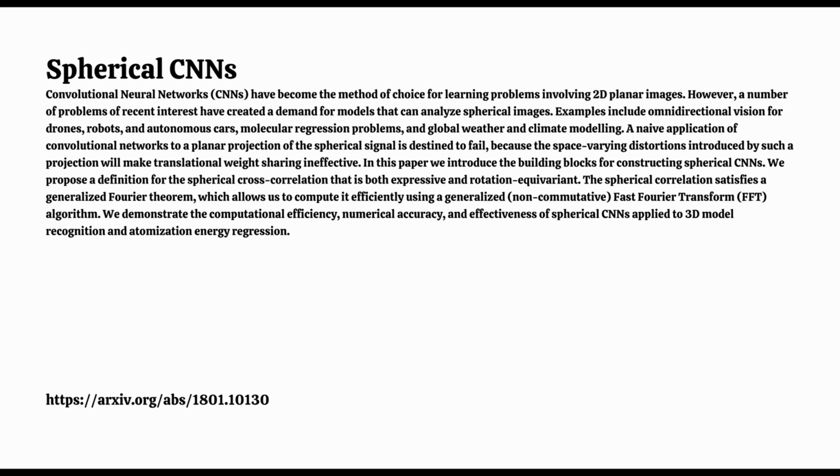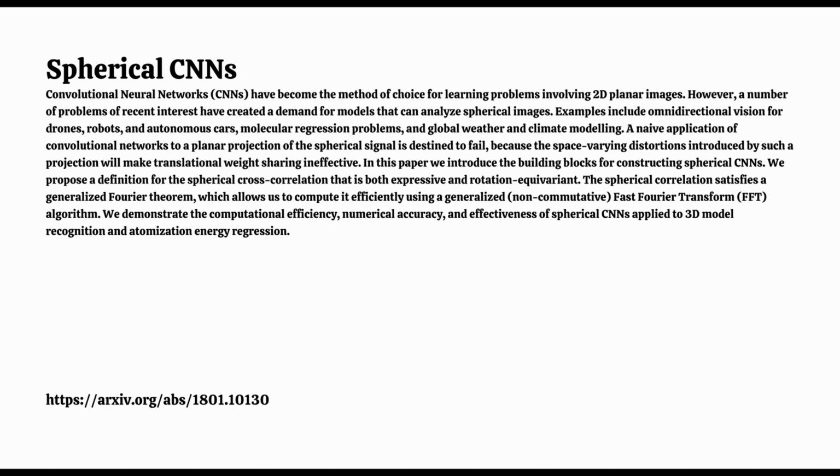Just as the fast Fourier Transform, the FFT, revolutionized how we efficiently perform convolutions in planar images, by turning convolution into multiplication in the frequency domain, right? Exactly. It turns out there's an analogous transform for functions on the sphere and the rotation group SO3. This is called the generalized Fourier Transform, or GFT, and thankfully there are corresponding fast algorithms, the GFFT.